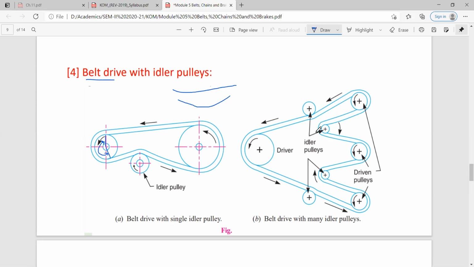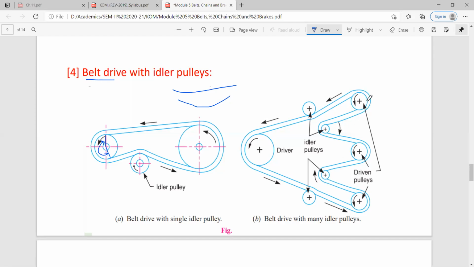Second, in order to give direction to the belt, in order to have multiple driven pulleys, only one pulley is here, which is the driver, and now power is to be transmitted to three different driven pulleys. So in order to control the direction of the belt, these idler pulleys are used.